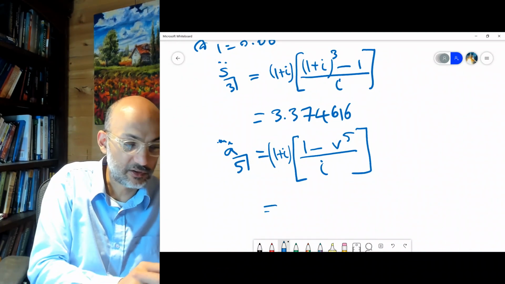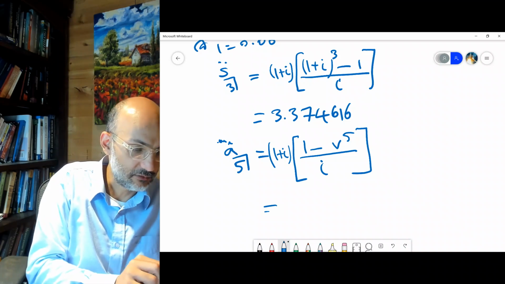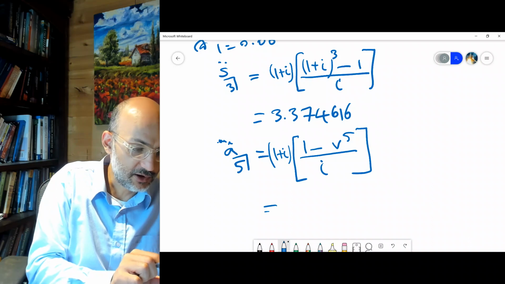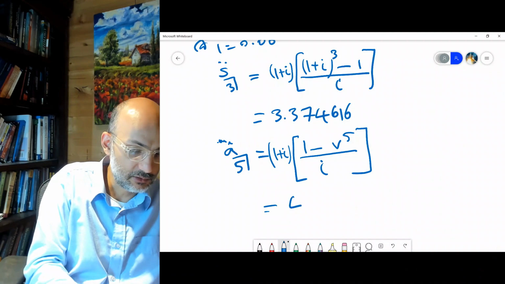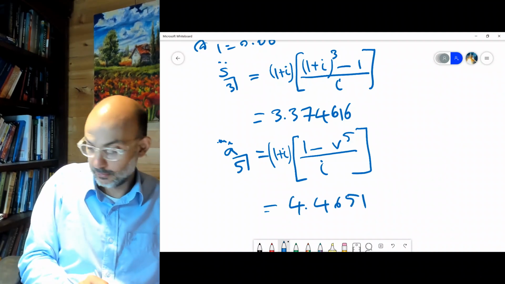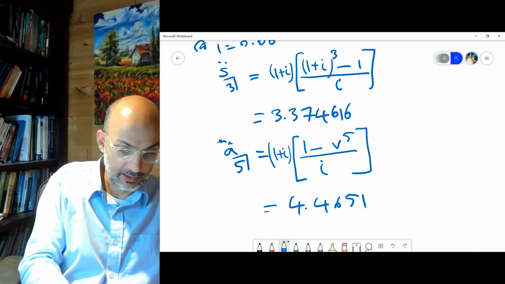I usually use the calculator immediately: 1.06 raised to minus 5, subtracted from 1, divided by i, which is 0.06, multiplied by 1.06. I got 4.4651.